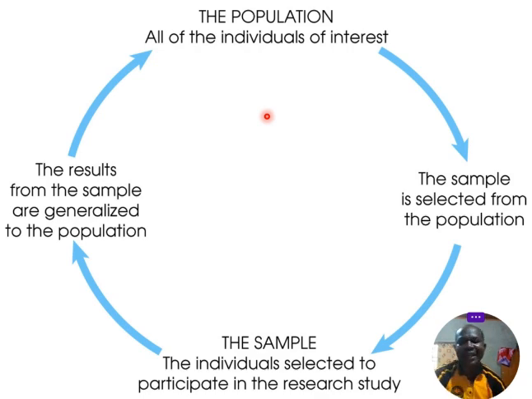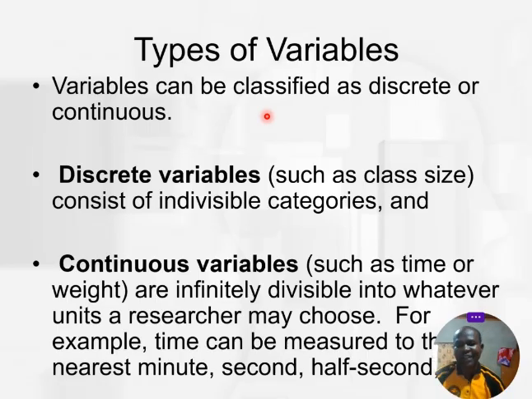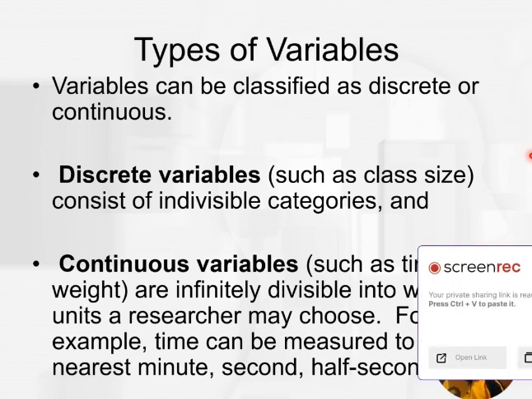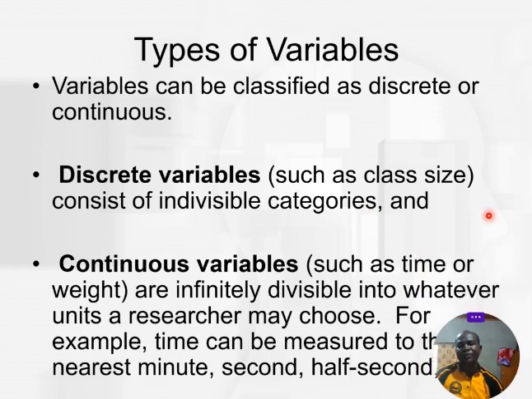But it's important to understand that variables are of different types. Essentially, we can look at variables in two broad categories: discrete variables and continuous variables. The discrete variables are variables that take absolute values, like the number of individuals, a specific number of items, or class size.